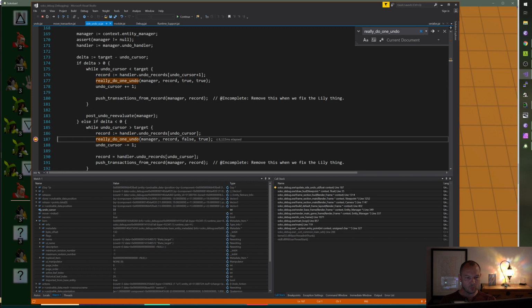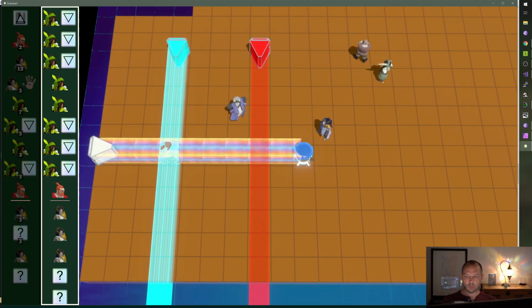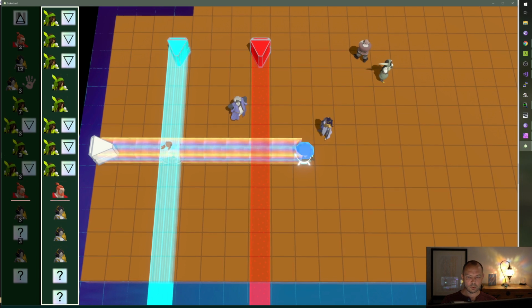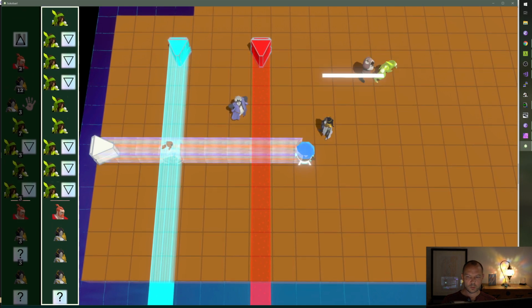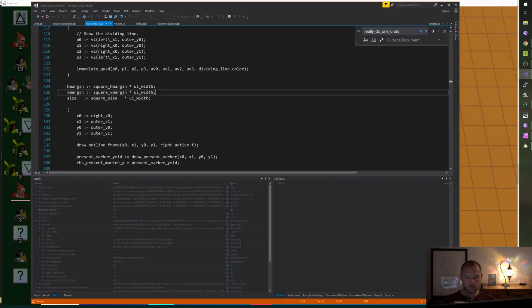Let me get rid of this breakpoint. So that's undo cursor 33. There's so much data. All right, so why are we not getting all the data?